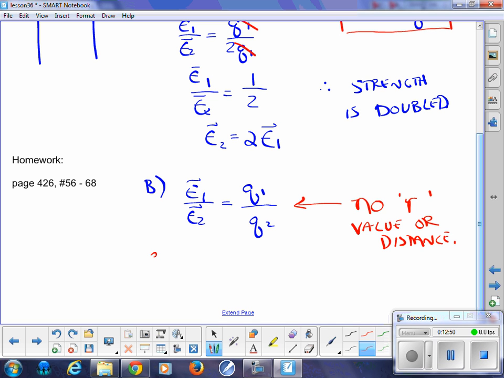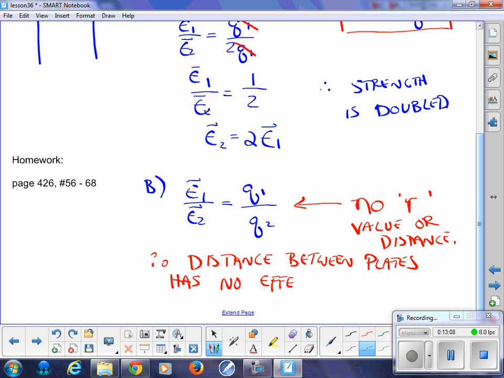So therefore, distance between the plates has no effect on E2. No affect, effect, I don't know. Ask an English teacher on that one.